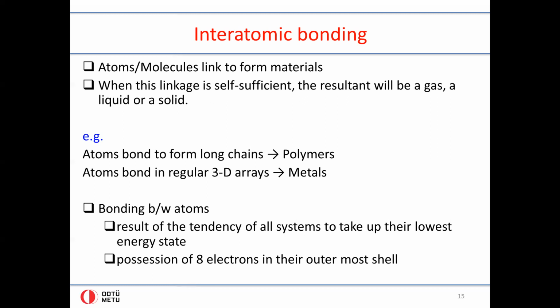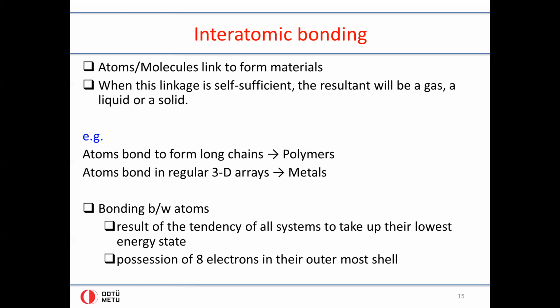But when you bond atoms in a pattern that repeats in three dimensions, this tends to form metals, an atomic structure that is more like a three-dimensional array than a long chain structure.